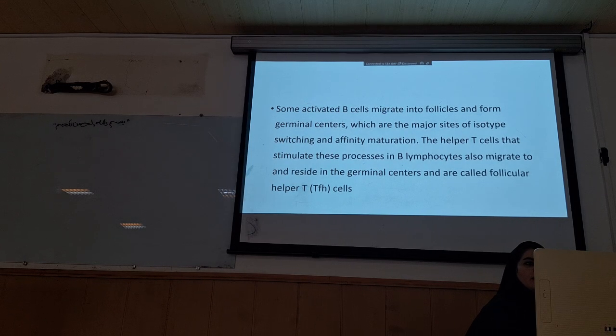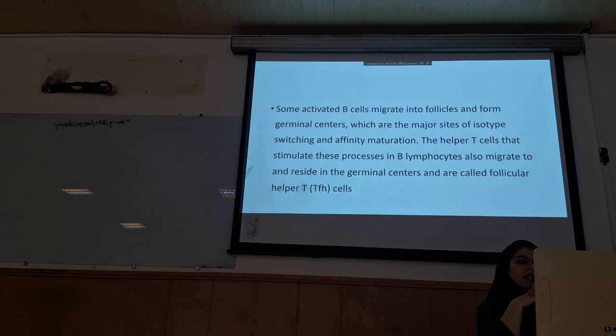Some activated B cells migrate into lymphoid follicles and form germinal centers, which are the major site of isotype switching and affinity maturation. So the main part in the body where isotype switching and affinity maturation happen is the germinal center of the lymph nodes.